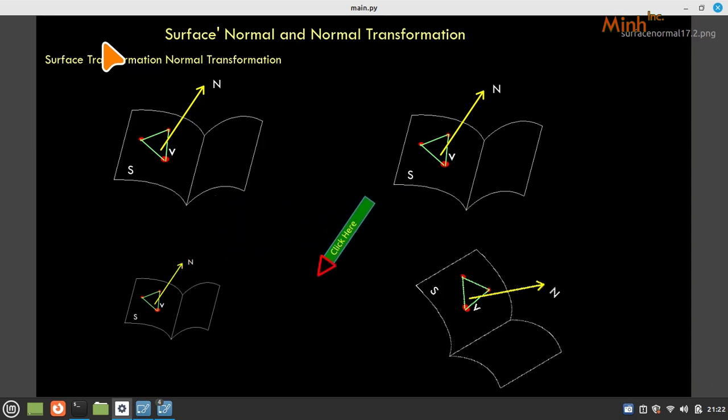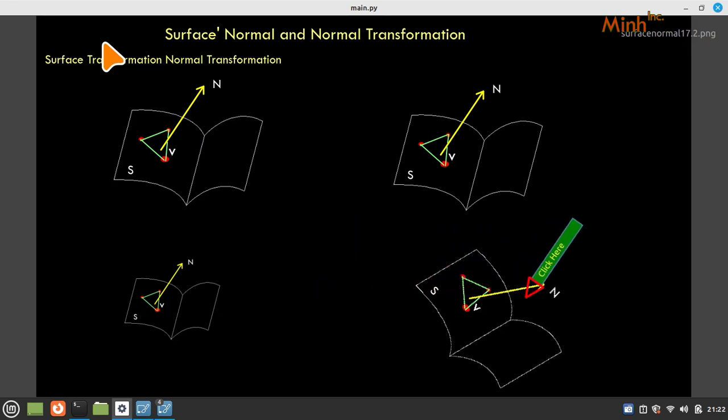But if I rotate, normal changes. That's the difference between surface transformation and normal transformation. Surface transformation changes with translation, it changes with scaling, it changes with rotation, but normal doesn't change with the translation and scaling. It changes only if I rotate.